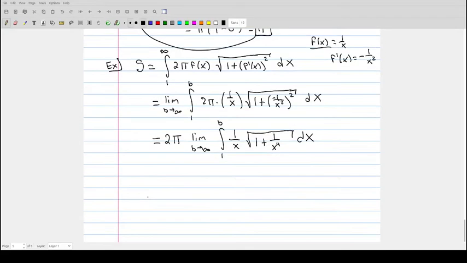I'll show that down at the bottom. If you go through and do the exact definite integral of this function, the antiderivative of 1 over x times the square root of 1 plus 1 over x to the 4th, you can get the antiderivative of that function. For some functions it'll be too complicated, but for this function you'll end up getting the following.